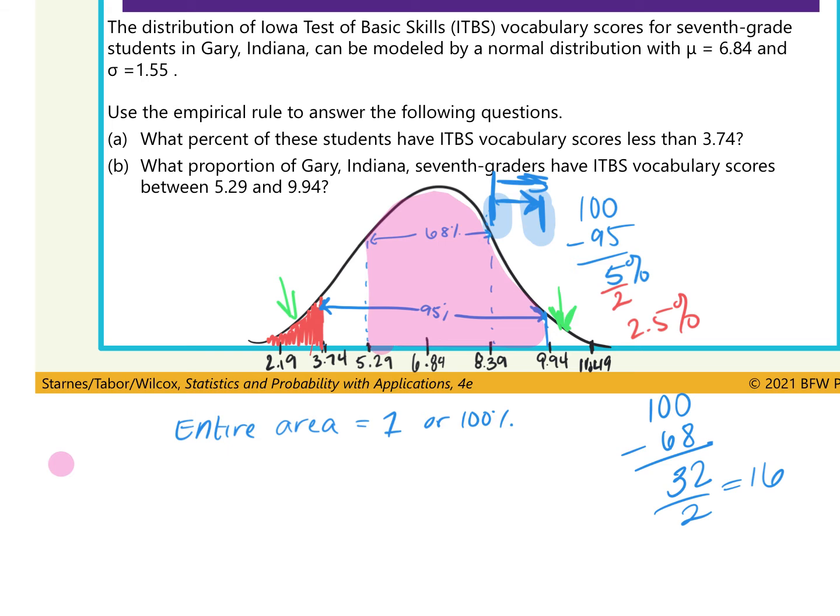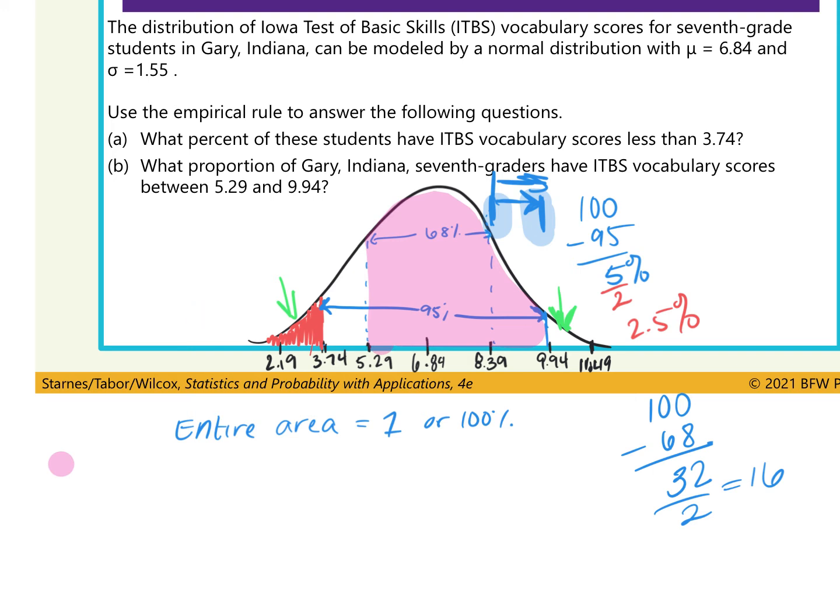Why do you have to divide it by 2? Because it's in both. When I say 100 minus 68%, that's the whole thing, and there are two sides to it. If I only want to know what's on this half, I have to divide it by 2. So 32% is left outside, greater than or less than 1 standard deviation of the mean. That makes 16% above 1 standard deviation on either side.